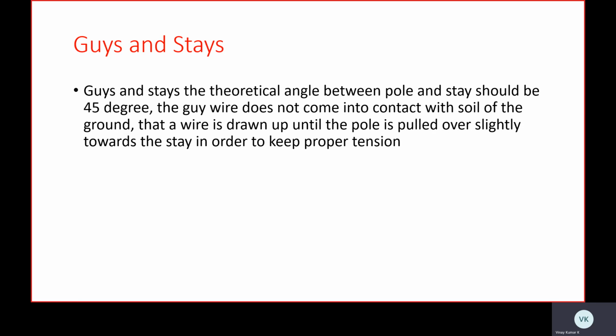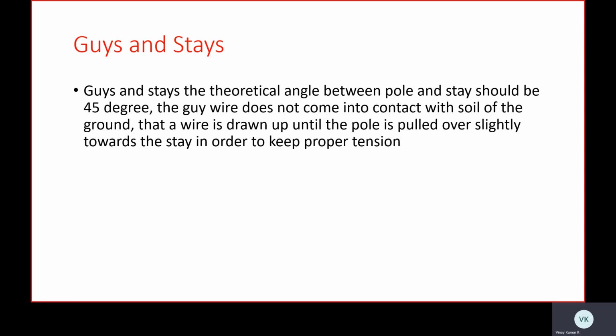The wire is drawn up until the pole is pulled slightly towards the stay, in order to keep the proper tension. These guy wires and stay wires are mainly used for holding supporting structures without any imbalance. So while erecting the supporting structures, a normal guy wire is placed in the ground with some civil structures, and that wire is drawn up to the pole.